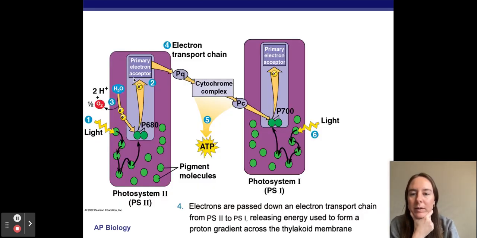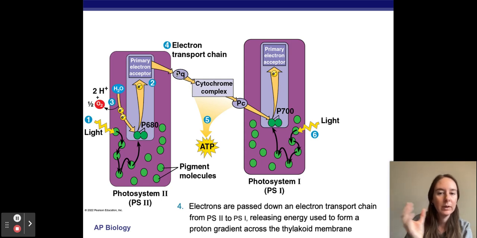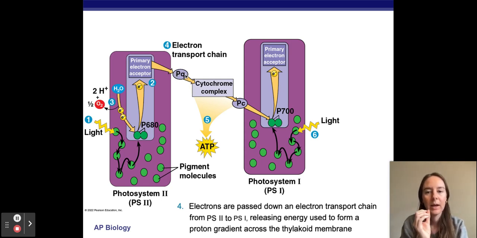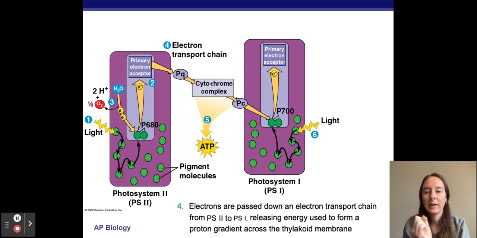So we have our electrons, and these electrons are going to be pulled towards this new molecule here. This is a protein, and this protein is pulling on the electrons. It's more electronegative, so it's kind of pulling the electrons towards its direction. And as the electrons are being pulled in this direction, they're going to next be passed to this thing called the cytochrome complex.